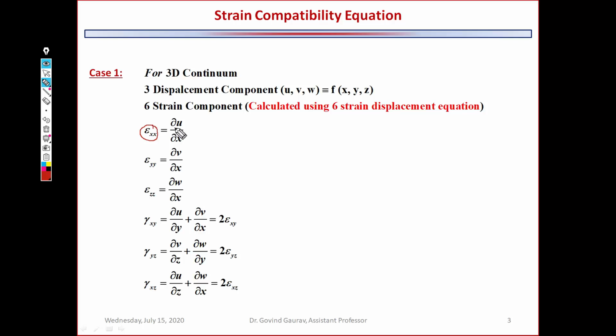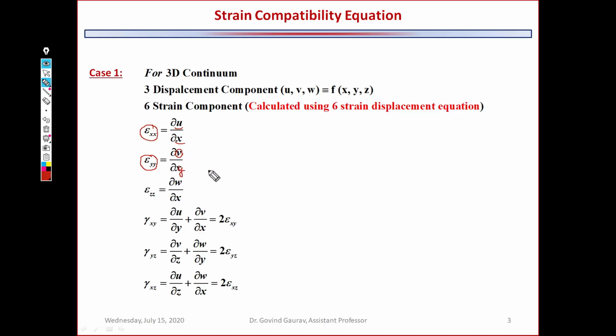We will partially differentiate the displacement acting in the x direction, u, with respect to x. If we are interested in calculating the normal strain, or longitudinal strain, in the y direction, we will partially differentiate the displacement acting in the y direction, represented by v, with respect to y.